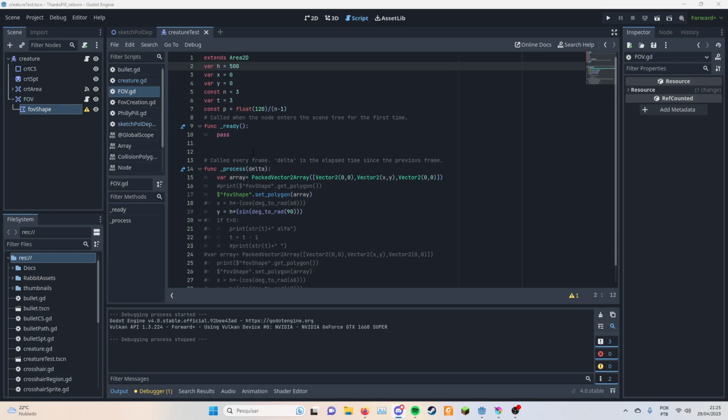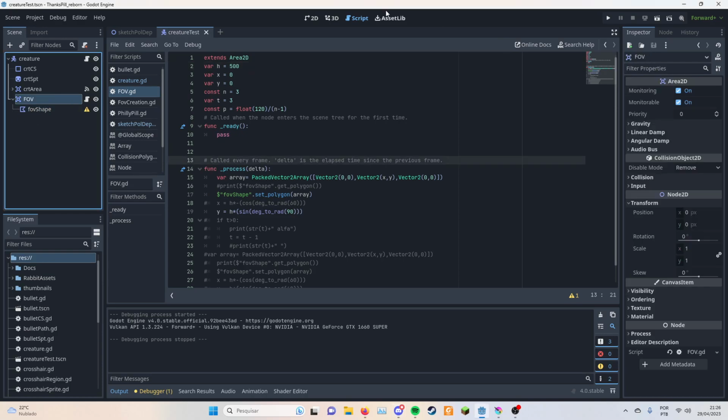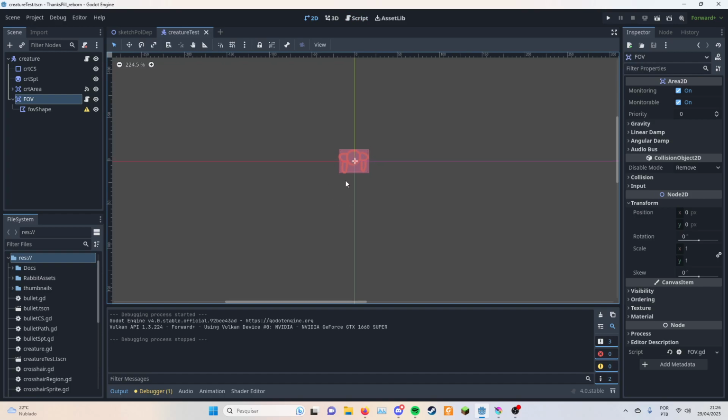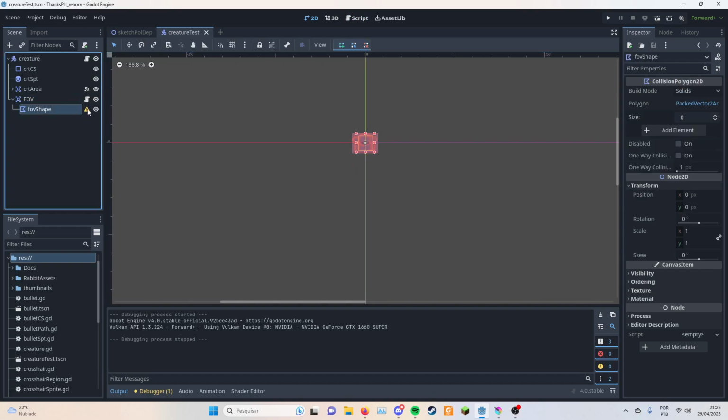My first idea was a very complicated one. Unfortunately, my brother gave me a better idea, so I'll start explaining my bad idea. I made an FOV, but you can't see it because, as the yellow warning shows, it's empty.